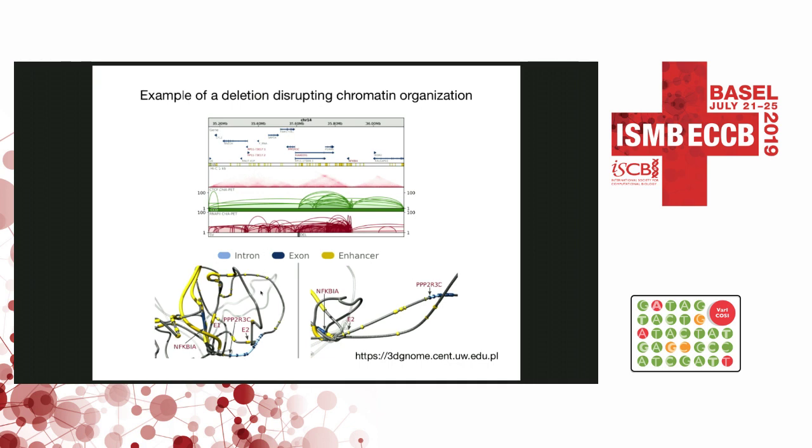I don't have time to talk about it, but we used a restraint-based modeling method to model topological changes after introduction of a deletion, and you can see that the arrangement between enhancers and the genes changes, and these genes actually exhibit some transcription changes. We also developed a web service where you can do the modeling.